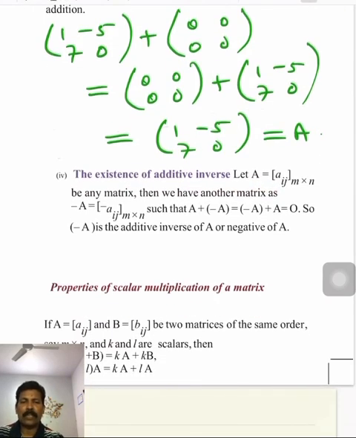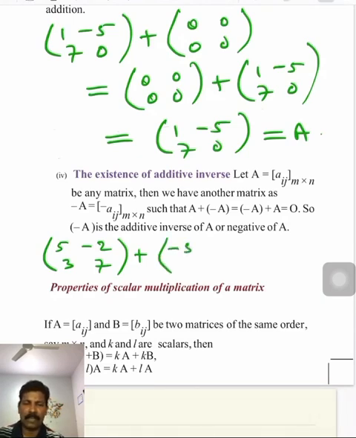Now, existence of additive inverse. Let capital A be equal to a_ij, an m by n matrix. Then we have another matrix, negative A. We already discussed negative A. Then we can find A plus negative A is equal to negative A plus A is equal to O. That is 5, negative 2, 3, 7 plus the negative of it, that is negative 5, 2, negative 3, negative 7.